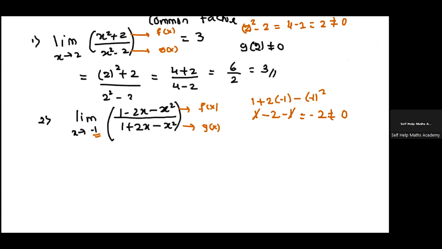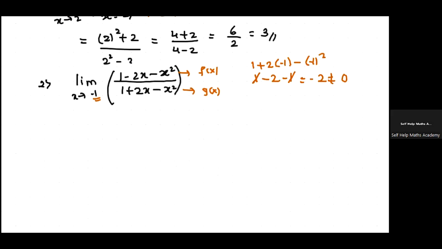So let's see. The case 1 says just substitute the value of x as 1. So this gives 1 minus 2 minus 1 minus 1 the whole square divided by 1 plus 2 of minus 1 the whole square.